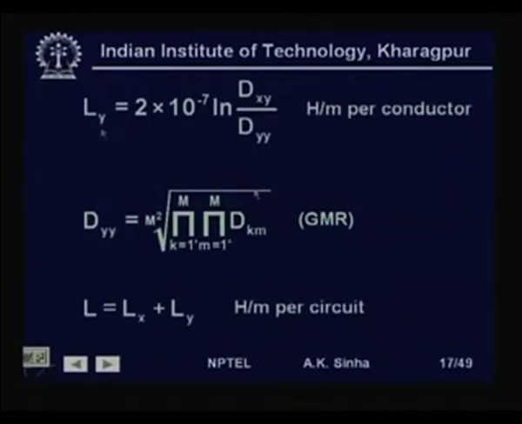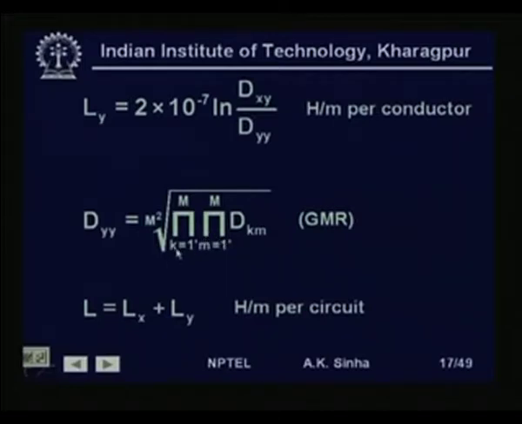Therefore, similarly we can write for inductance for conductor y as equal to 2 into 10 to the power minus 7 ln d xy by d yy henries per meter per conductor, where d yy will be the geometric mean radius of the subconductors in conductor y.